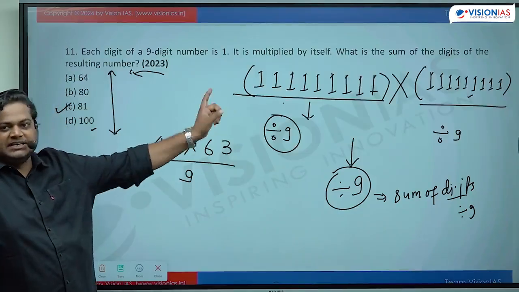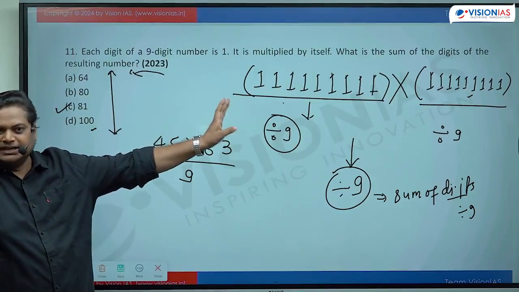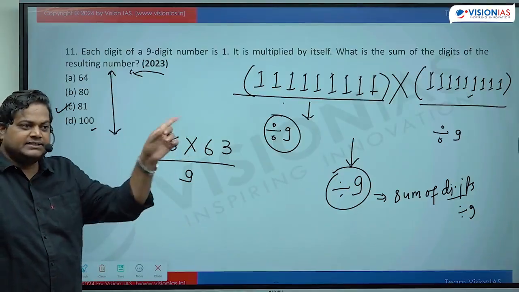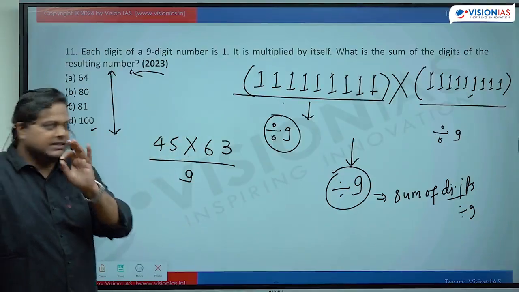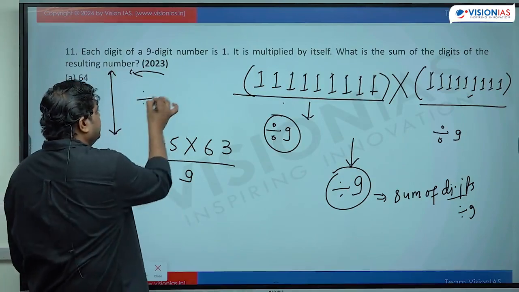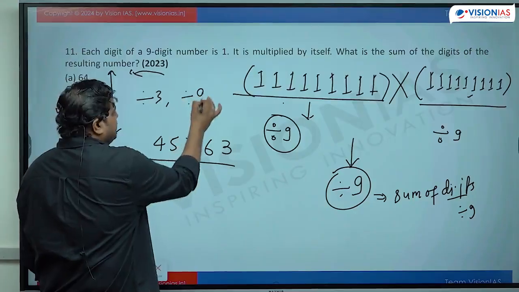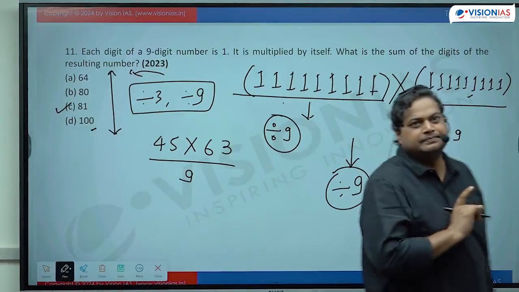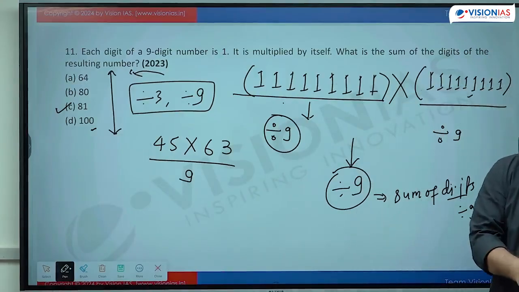Whenever in a question sum of digits is coming, or they are asking sum of digits, we can think of 3 का divisibility rule, 9 का divisibility rule. Why only divisible by 9?